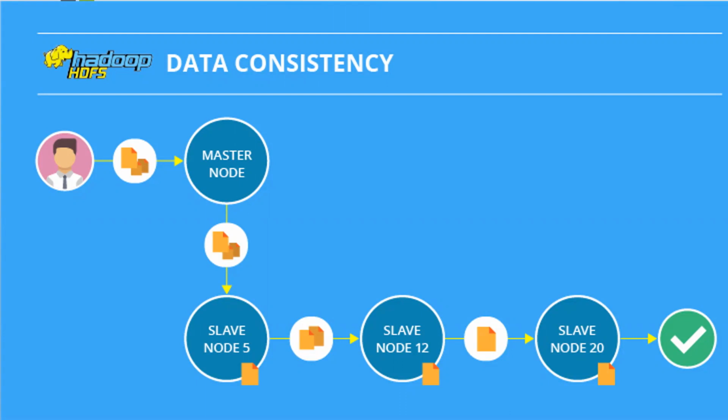This guarantees data consistency. The data nodes also serve blocks when clients request them to do so. They remain in touch with the name nodes, periodically sending disk utilization reports and block reports. The block reports are used by the name nodes to map the blocks of a file to their locations.